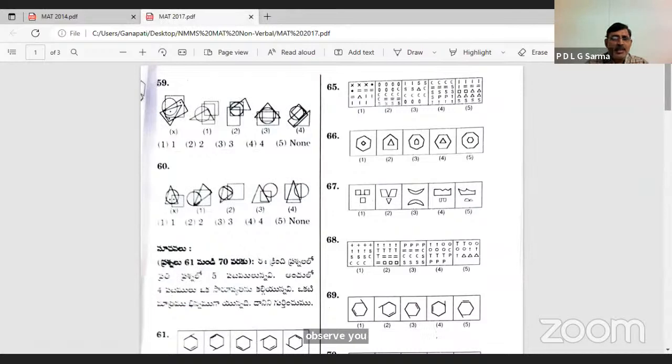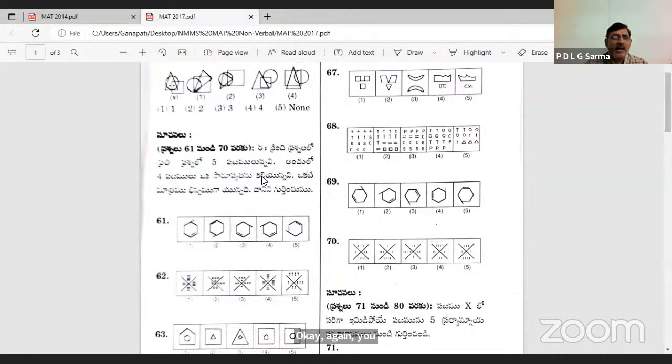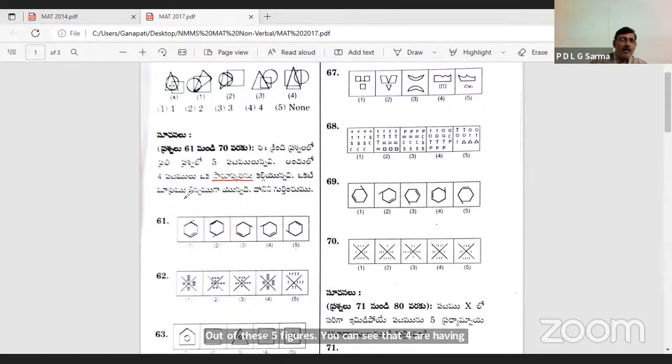Okay, again you see, here you are given 5 figures every time. Out of these 5 figures, you can see that 4 are having one kind of similarity. One is different.